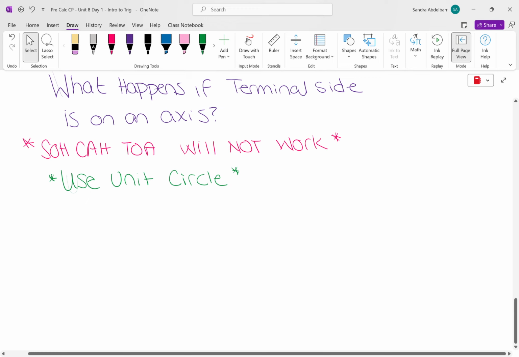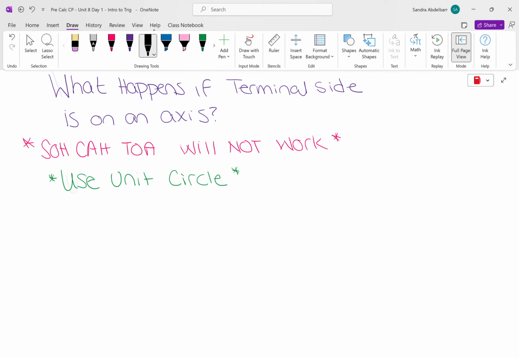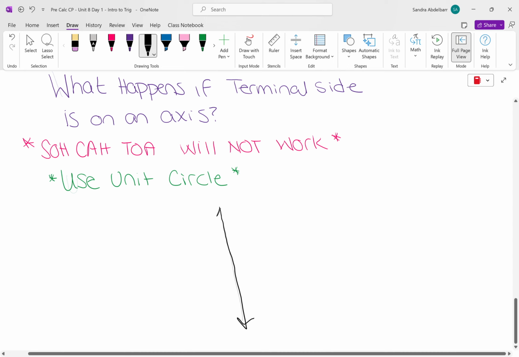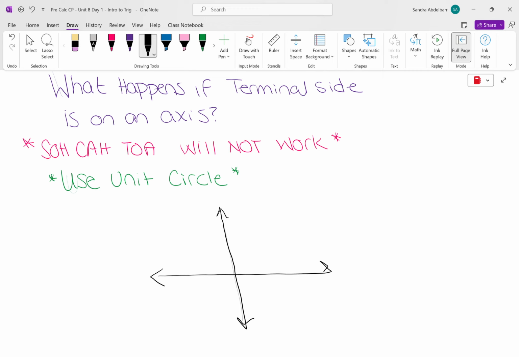So what do I mean when I say use the unit circle? Well, we'll set up our axes. And basically a unit circle is a circle with a radius of 1.